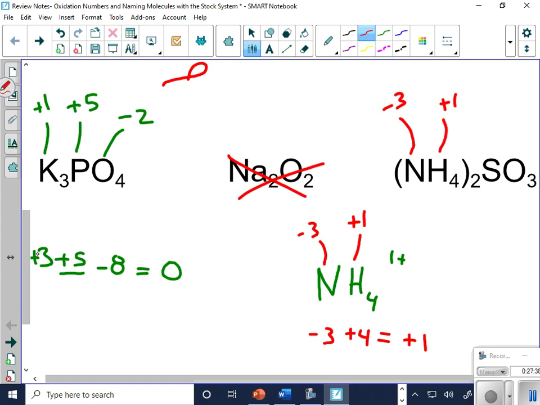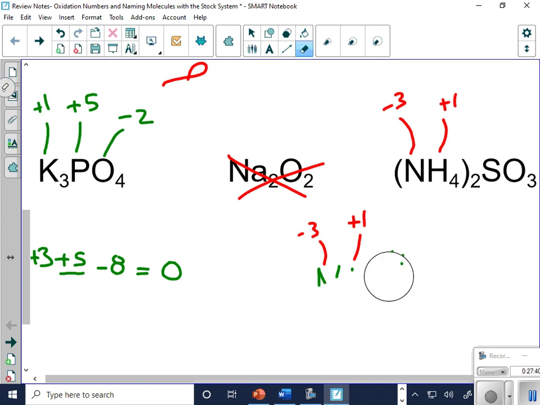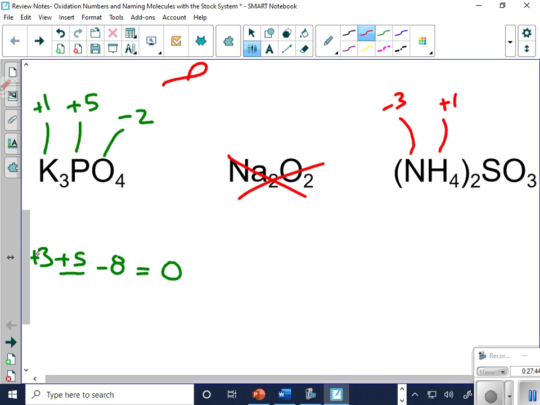Now, I can do the same exact thing for the sulfite because I know that sulfite, SO3, is a 2- charge. How do I know that? Once again, my ion sheet. I look at oxygen. I know this whole thing has to equal -2.